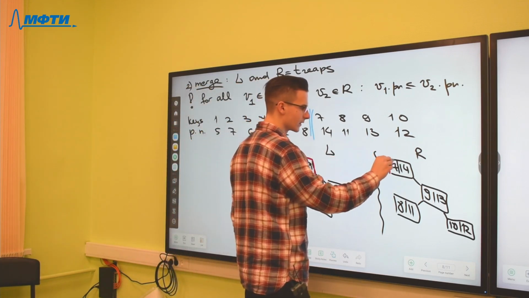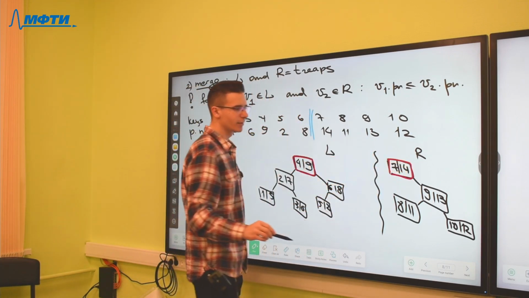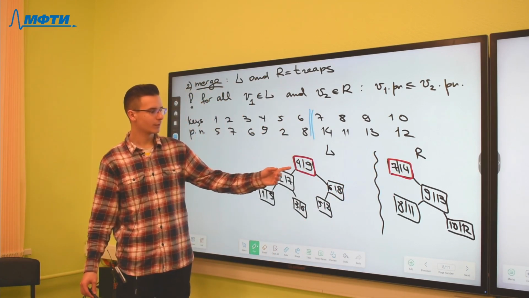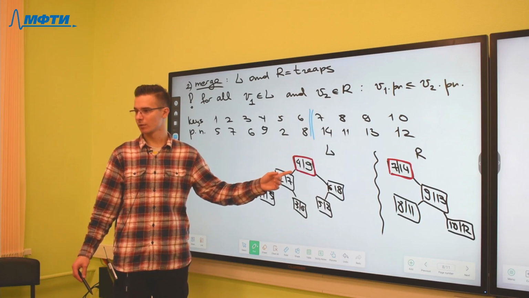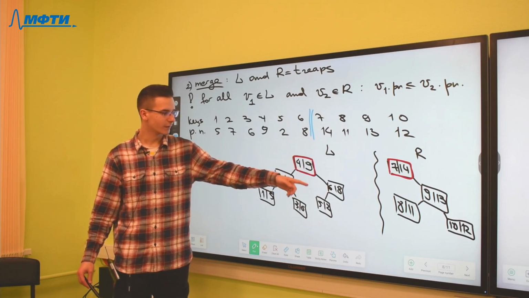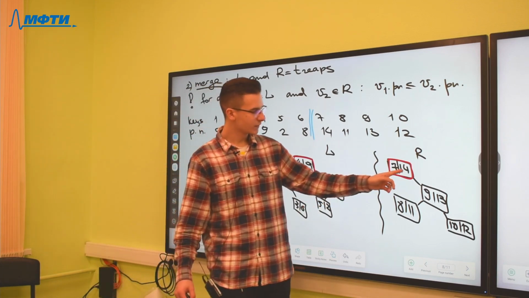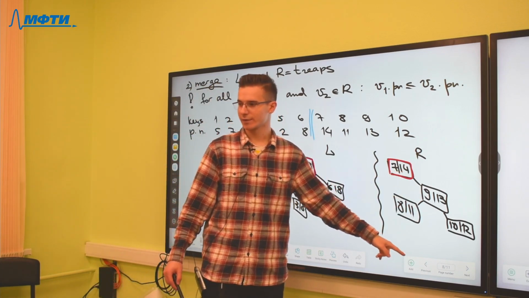Initially, we say that the maximal priority number is the number in one of these nodes, because it is bigger than other priority numbers in this tree, and this number is bigger than other numbers here.